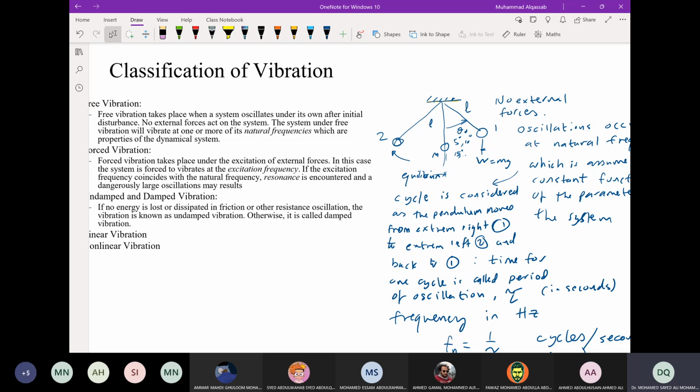But the essential thing that you have to learn in this course is to understand the theory of vibration of single degree of freedom of different types of systems, damped and undamped, translation, rotational, and then we can build up on this knowledge by the end of the semester to consider 2 degrees of freedom or more.